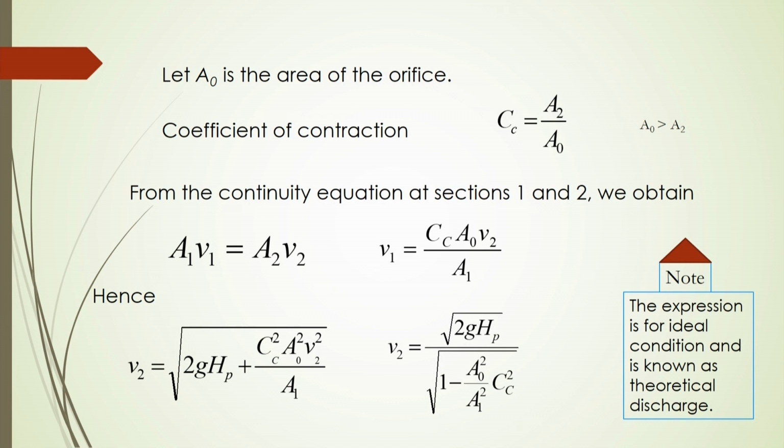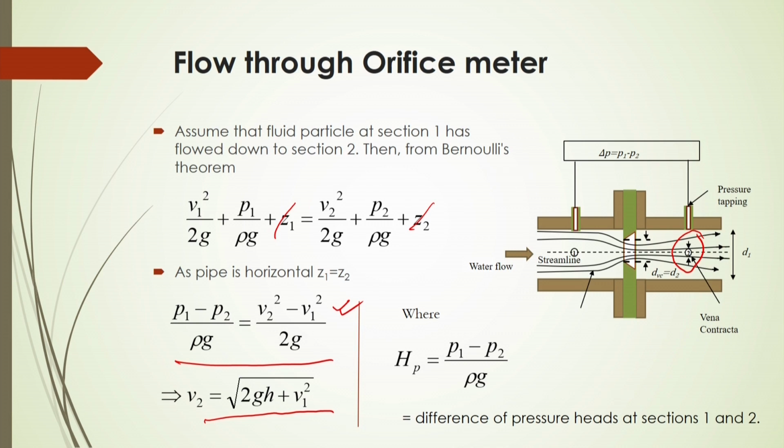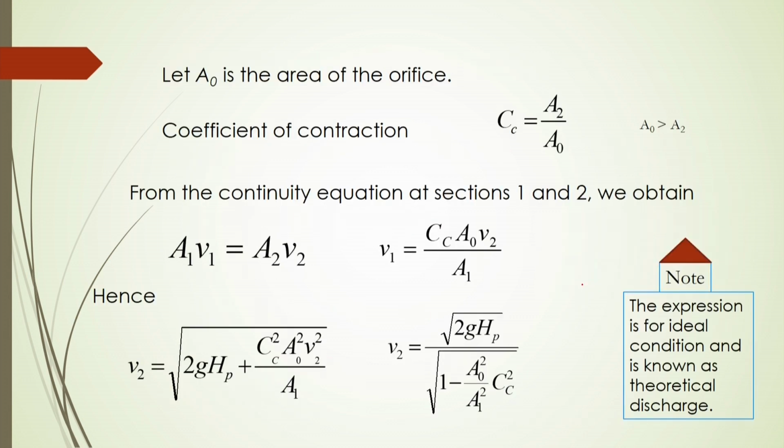Now, let us do that. If A0 is the area of the orifice, then the ratio of A2 by A0, that is, the sectional area at section 2 divided by the orifice cross-sectional area, where A0 should be greater than A2, gives you the coefficient of contraction.